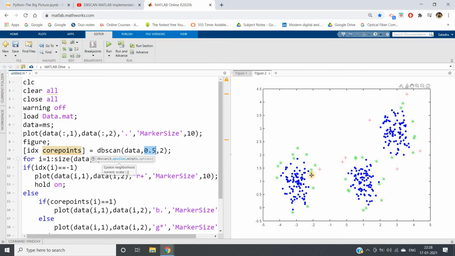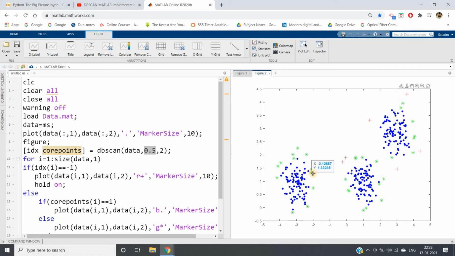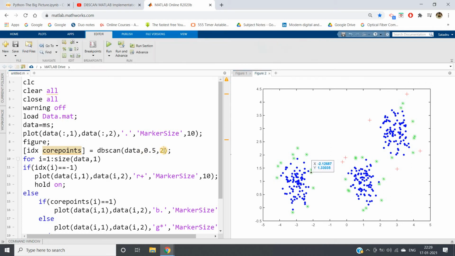As this point is detected as a border point, that means if we draw a circle with this point as center and radius 0.5, then when we specified the minimum number of neighbors as 9, 9 neighbors were not coming within that circle. Now I am reducing that to 2. That means there is a possibility that at least 2 neighbors will come within that circle, and as a result this border point will no longer be a border point; it will also be considered a core point.